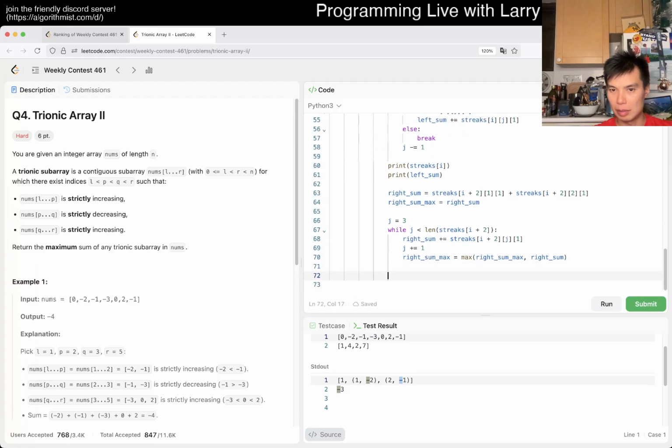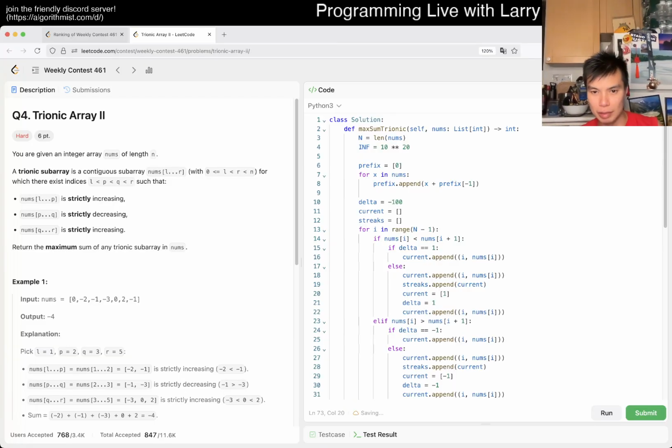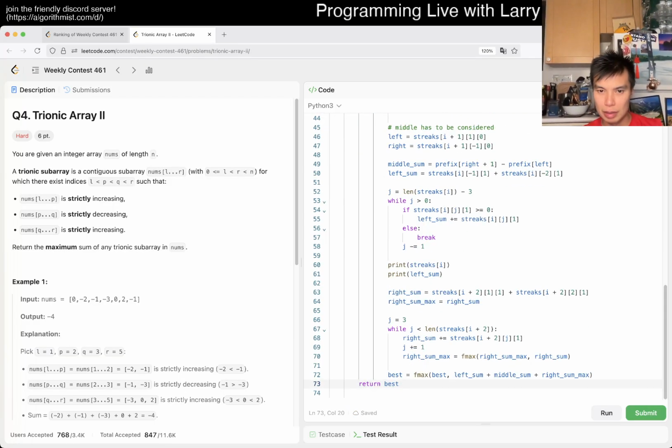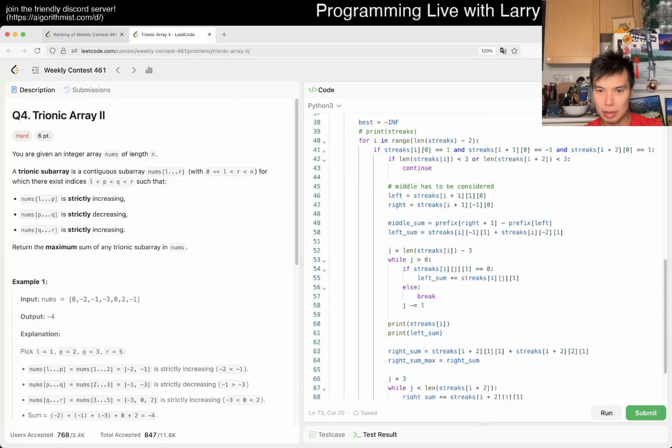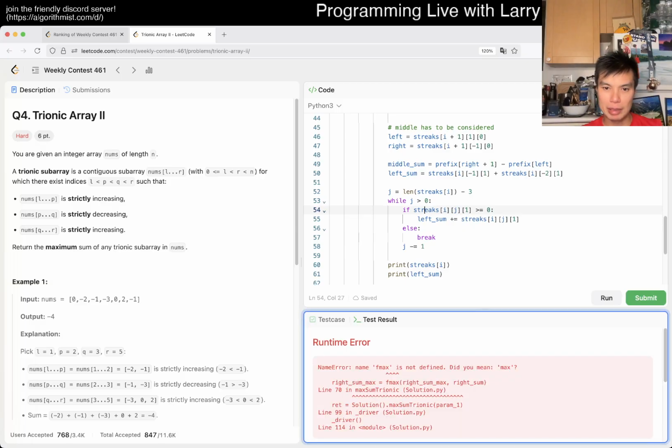And then now best is the max of best, left sum plus middle sum, I forget, plus right sum max, and then return best, right? Something like that. I don't know why I look so weird on this one. Okay, yeah. We have to write max.